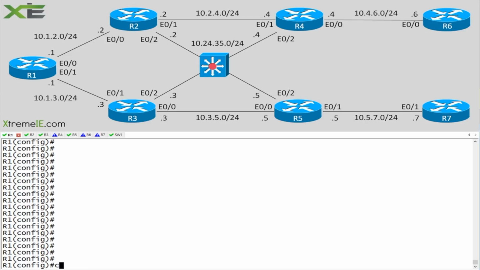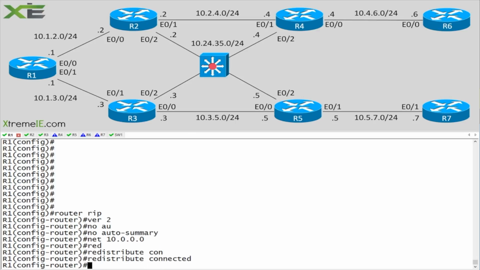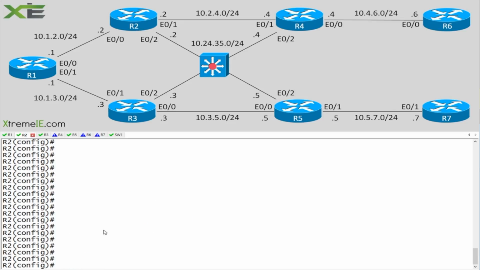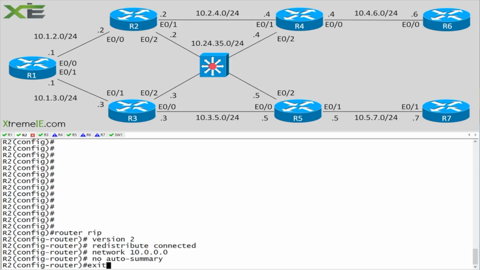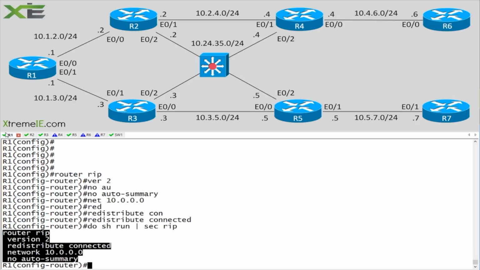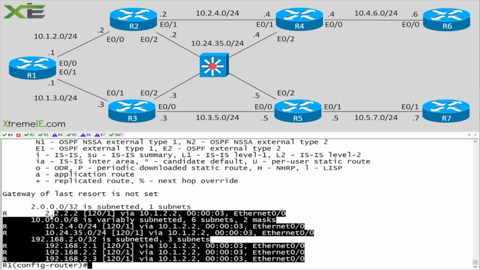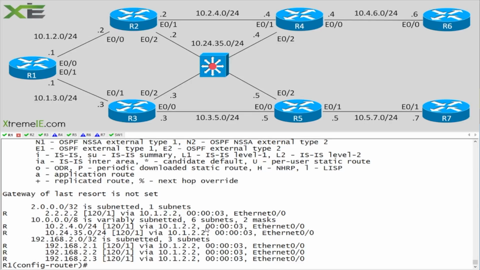Now we're already in there, so we'll say router rip, version 2, no auto-summary, network 10.0.0.0, and redistribute connected. Copy this, go on to 2, crank that out. Let's do show ip route rip, and we have routes coming in from router 2, and this is good news.